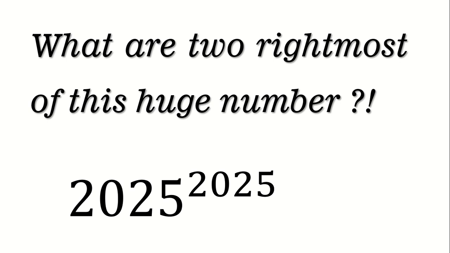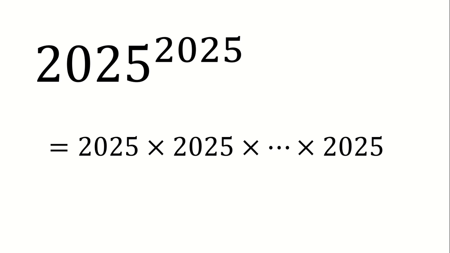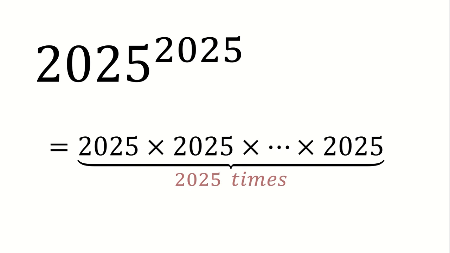First of all, let's expand this power. 2025 to the power of 2025 means that 2025 is multiplied by itself, so we can write it as 2025 times 2025 times, and so on, for 2025 factors.